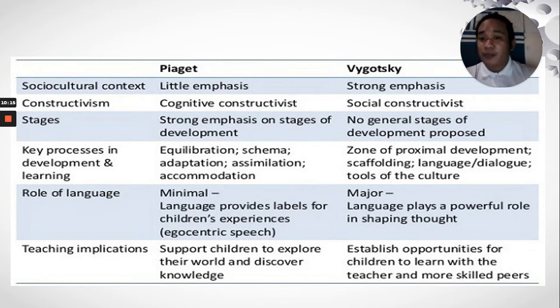Now, for Piaget, language plays only the role of a label. It means that the presence of language is for the child to identify things, and right after identifying these things, there is self-discovery.